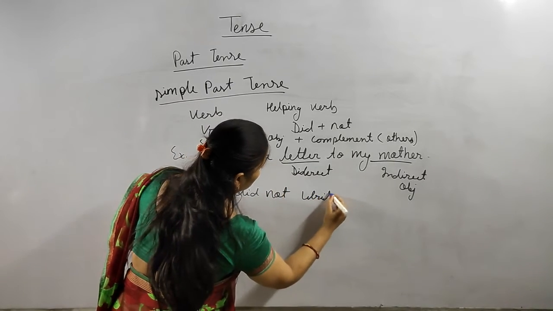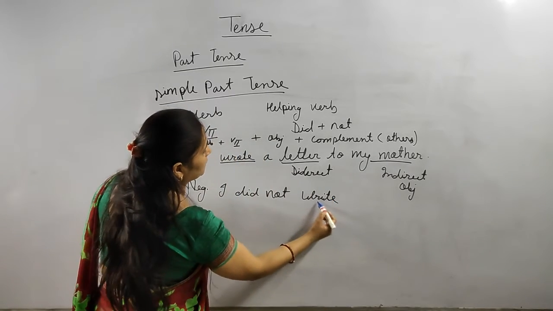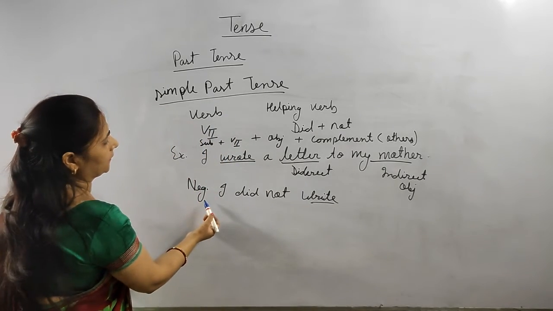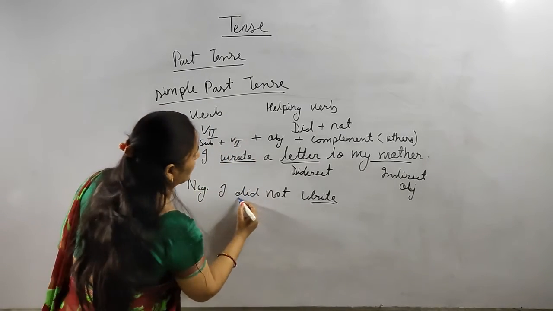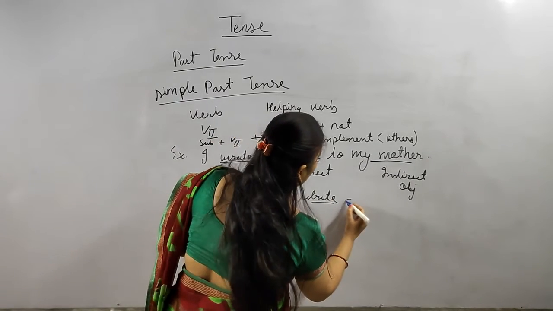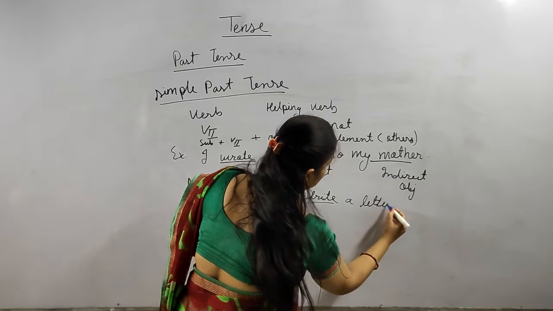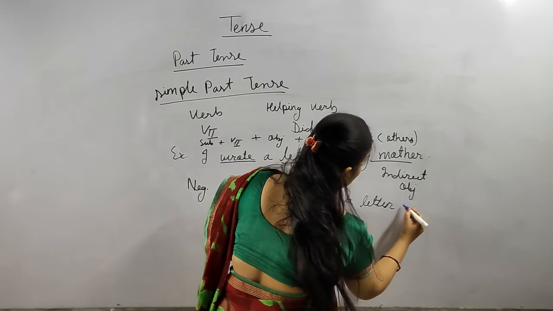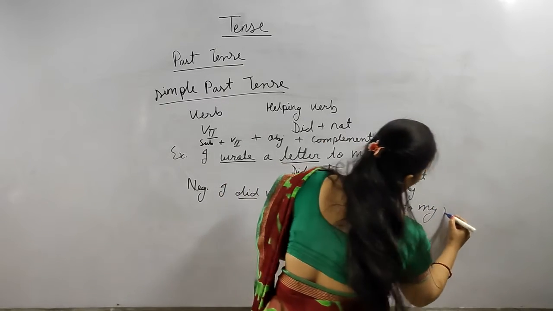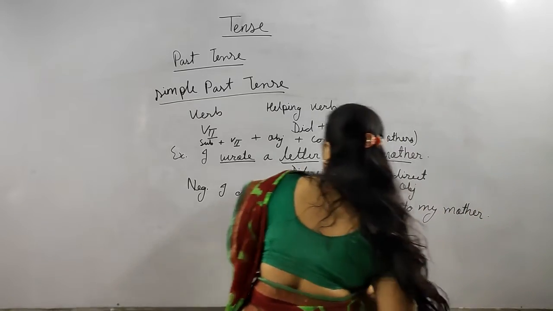Then the second form of the verb will change into the first form of the verb while changing it into negative, because already one second form of the verb we have used. Write a letter to my mother.